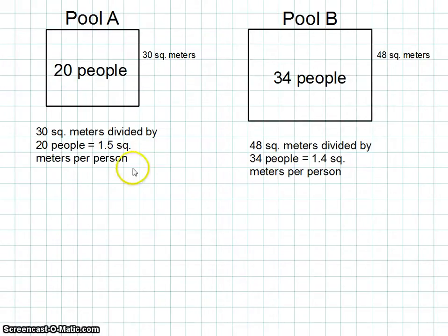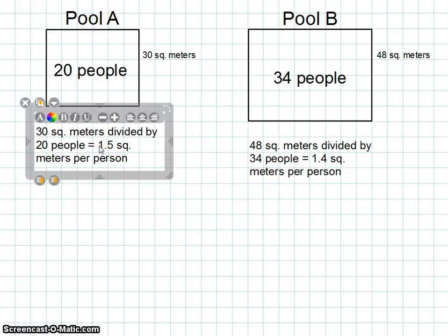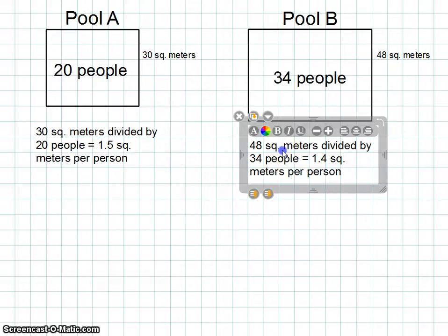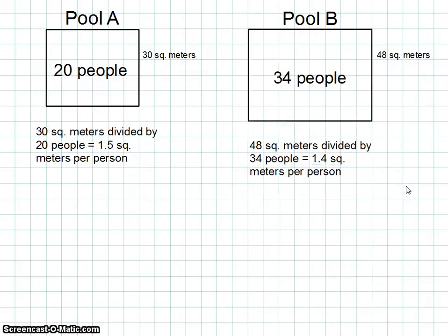For pool A, we found out that if 30 square meters, which is the total area of swimming pool A, was divided by 20 people, each person will have a personal area of 1.5 square meters. And for pool B, each person will be given a personal area of 1.4 square meters.